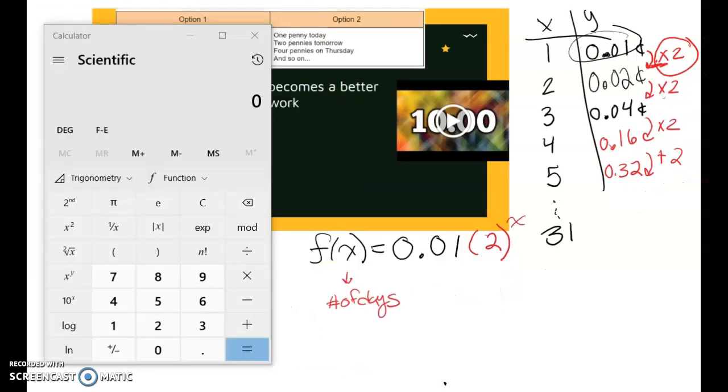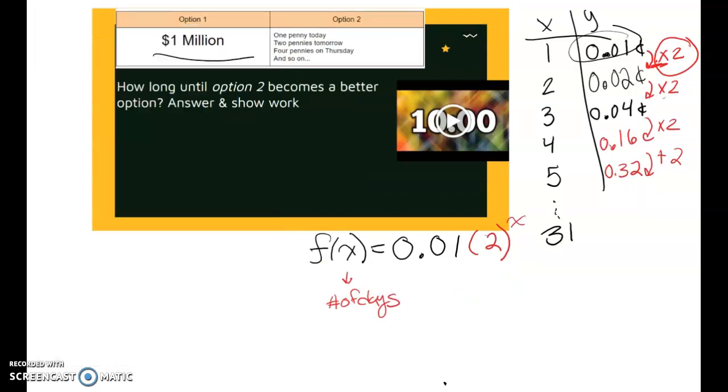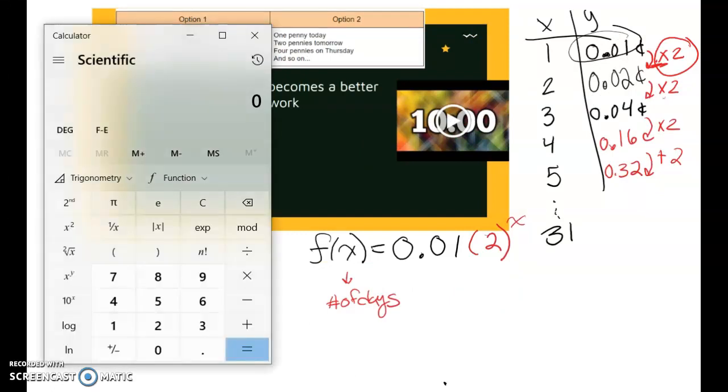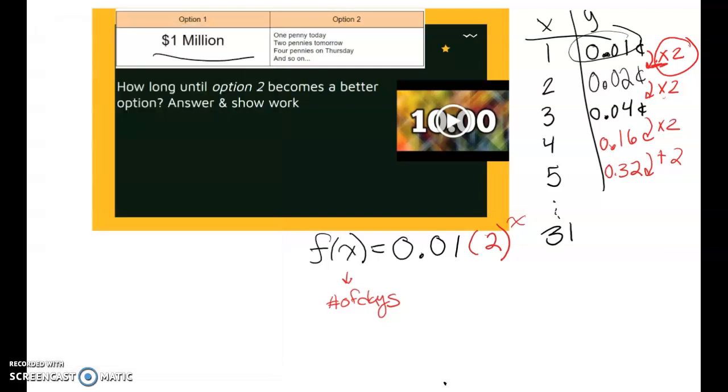Since now we're dealing with bigger numbers, we're going to be using the calculator a lot more. With smaller numbers, like 1, 2, 3, 4, 5, we can easily figure that out, but since we have to the power of 31, we're going to do this. Essentially I'm going to write f of 31. So at 31 days, how many pennies am I going to have?